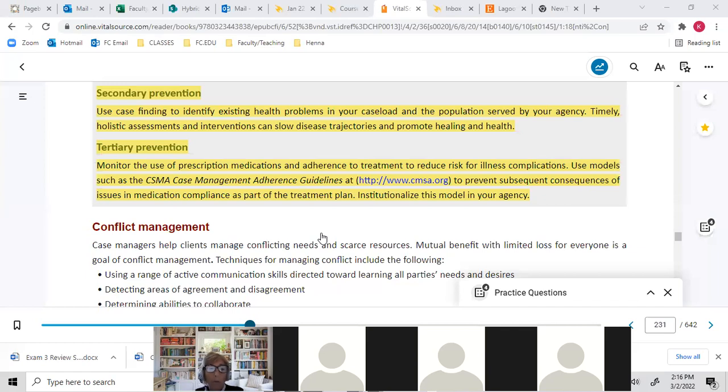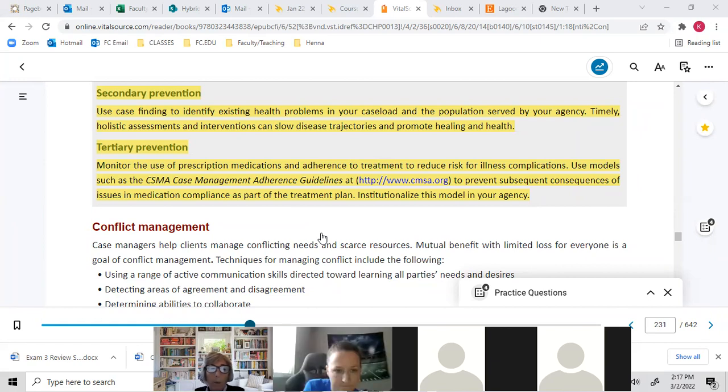Monitor the use of prescription medications and adherence to treatment to reduce risk for illness complications. Why is that tertiary? Because you're doing treatment. Whatever they have, it doesn't identify what they have here, but they have some kind of disease or challenge.